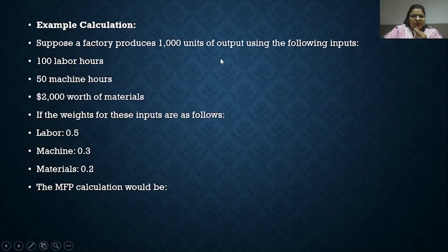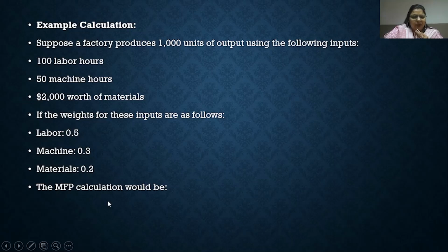So here is an example to calculate the productivity. Suppose a factory produces 1000 units of output using the following inputs: 100 labor hours, 50 machine hours, and $2,000 worth of material. Now, if the weights of these inputs are as follows: number one, labor is 0.5, machine 0.3, material 0.2.